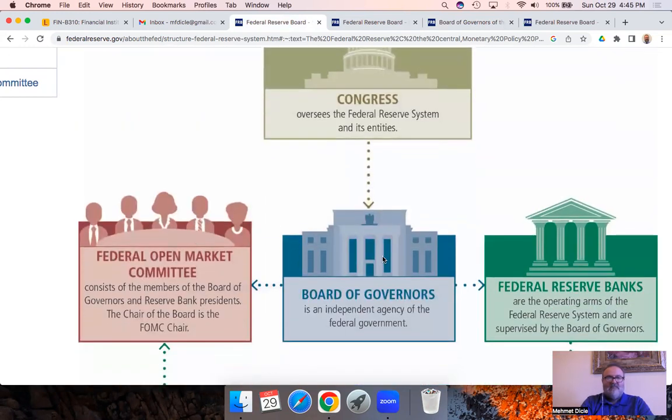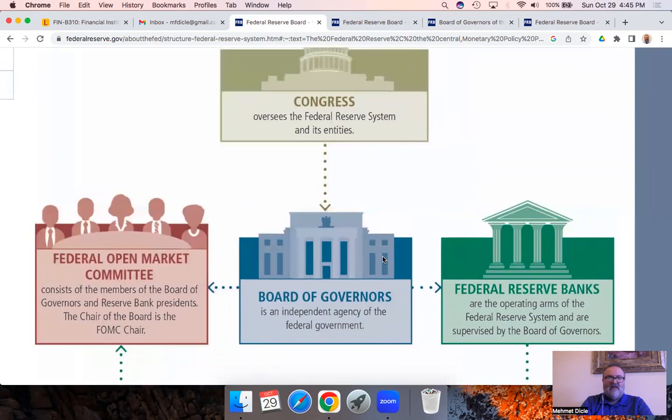So this chart also shows that the Congress is the ultimate overseer of the Federal Reserve System, and that's why, like for the past year or so, when the Fed started to change monetary policy, we see the Fed chairman, the chairman of the Board of Governors, as we refer to as the Fed chairman, explaining what they have done to a congressional committee.